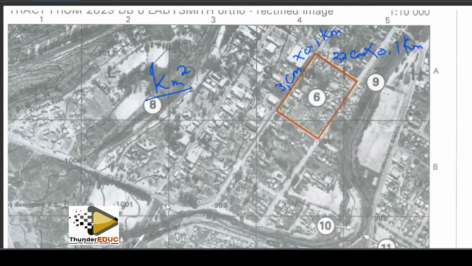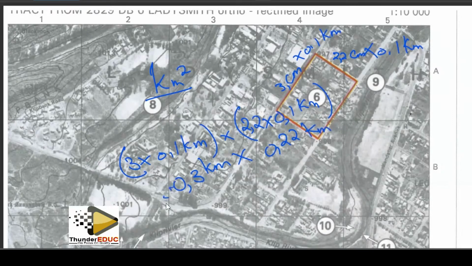So we are saying it's 3 times 0.1 kilometers as your length. We are multiplying 2.2 by 0.1 kilometers like this. So what are we going to get as a result there? 0.1 times 3, we get 0.3 kilometers. We multiply 2.2 times 0.1, it gives us 0.22 kilometers.